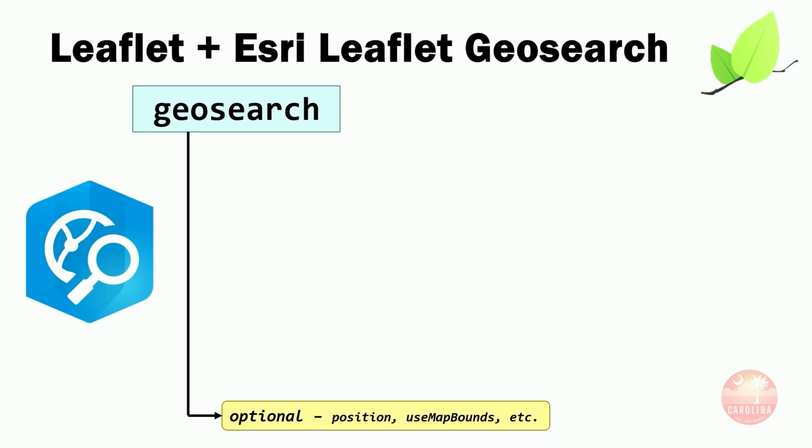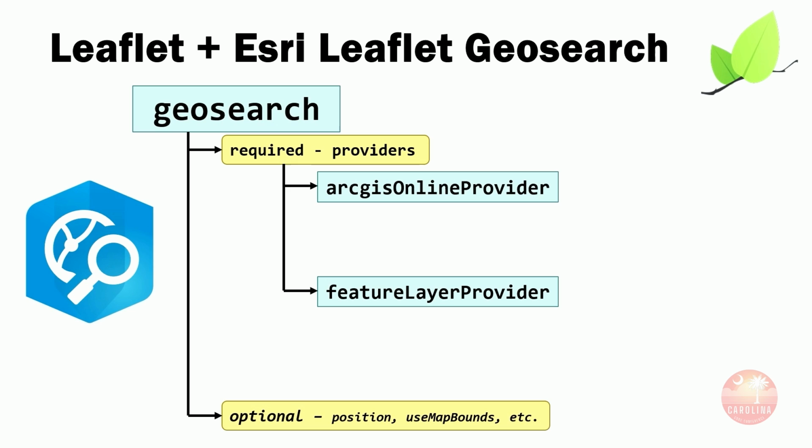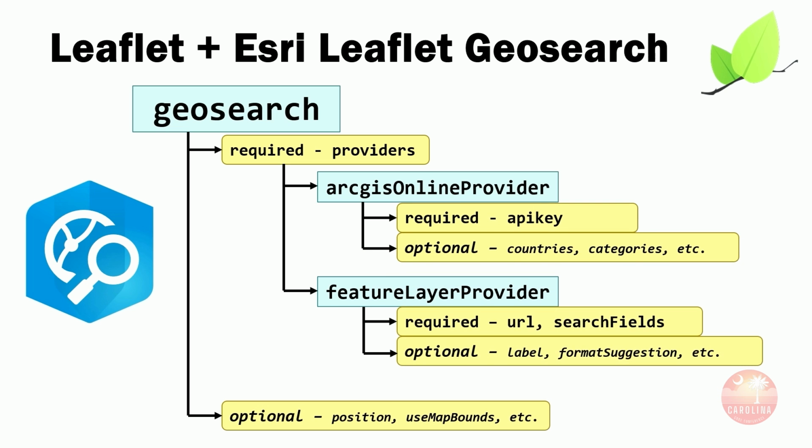All right, so a brief overview of what I just went through. The GeoSearch control here: you had the ArcGIS Online Provider, which is actually what was giving the addresses, like when I typed in Paris, and then the feature layer provider, which is how you search through that feature layer of the schools. And then you've got your required and optional parameters that I've shown. I showed most of these. There are plenty more.